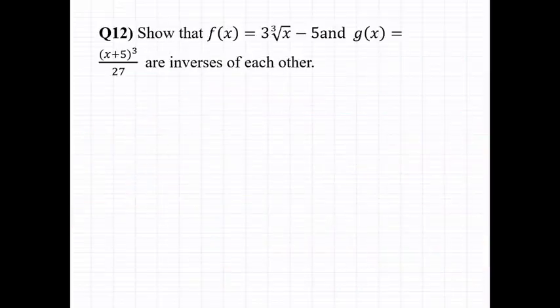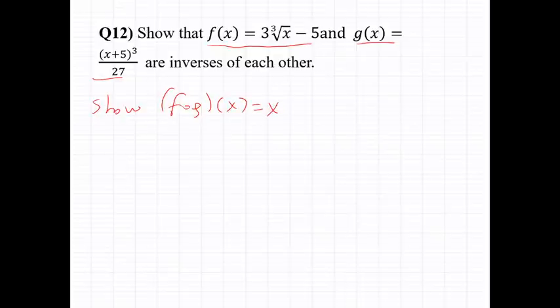This is another exercise for showing the functions are inverses of each other. Show that this function f of x and g of x are inverses of each other. Again, we want to show f composition g of x is equal to x. First, we have to show this one, and then show g of f of x is equal to x.